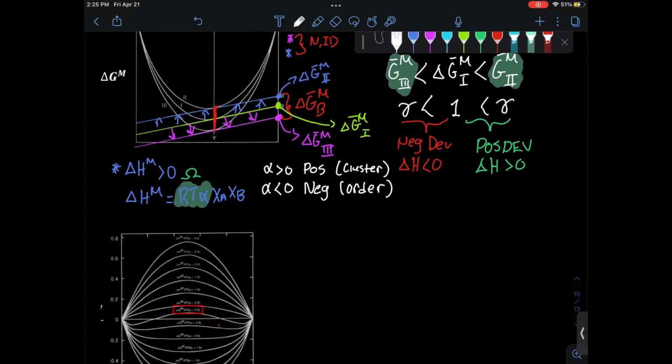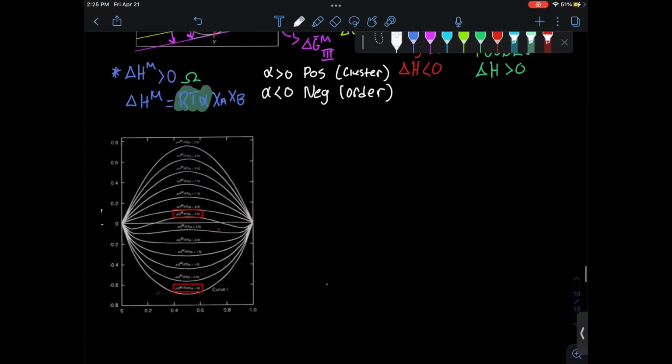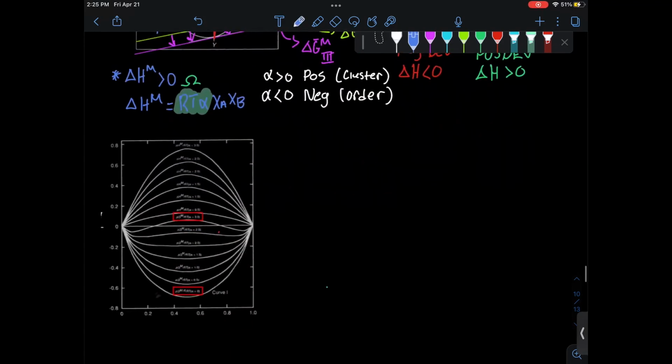Now, what does this mean? Well, we're going to be looking at the case of a positive alpha. In an ideal case, we know the molar enthalpy of mixing here is going to be 0. So when alpha is 0, we have this perfect parabola, right? This looks like an ideal mixing curve.